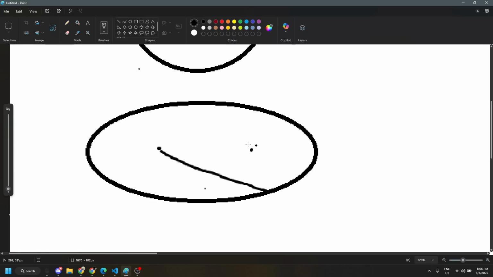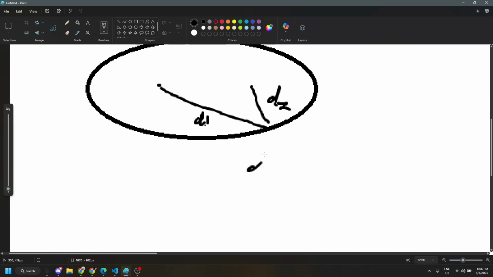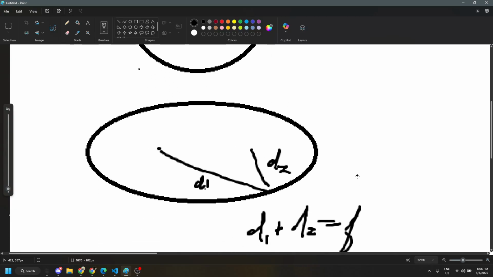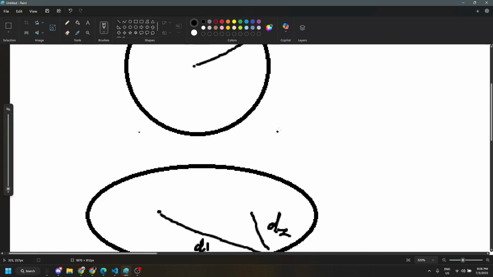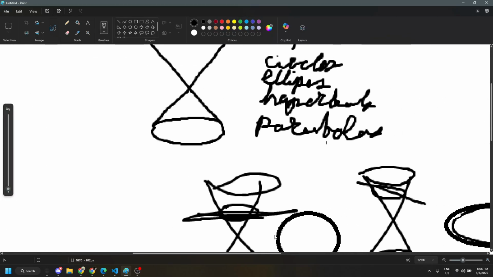So here, if you have these two, d1 and d2, d1 plus d2 is equal to f, which is the focal length. As you can imagine, as you move these two foci closer and closer together, they go into a singular point at which it becomes a circle. So that's the similarity between the two.